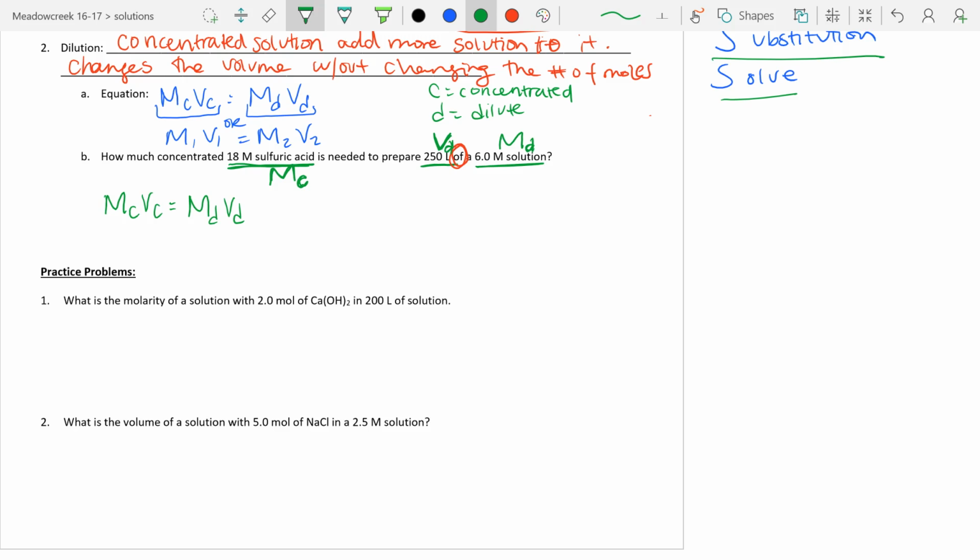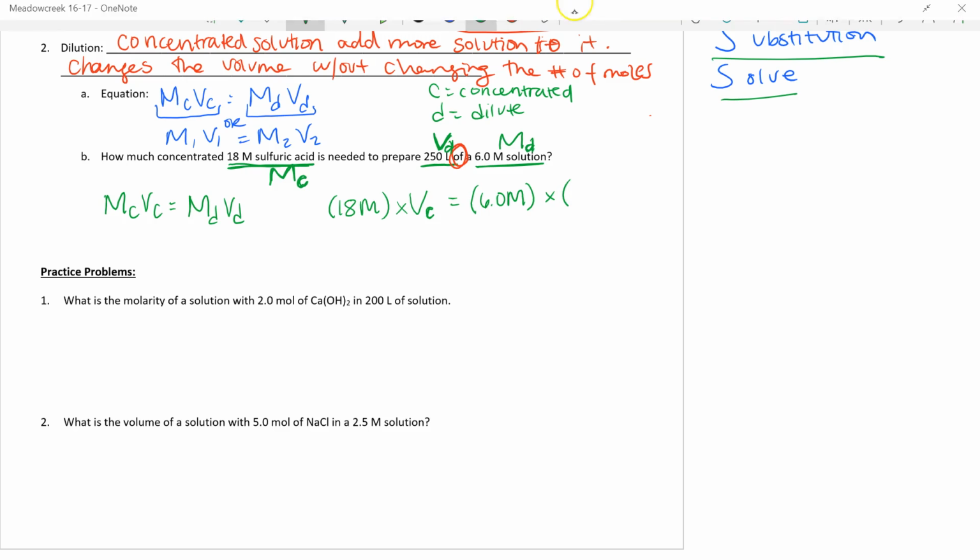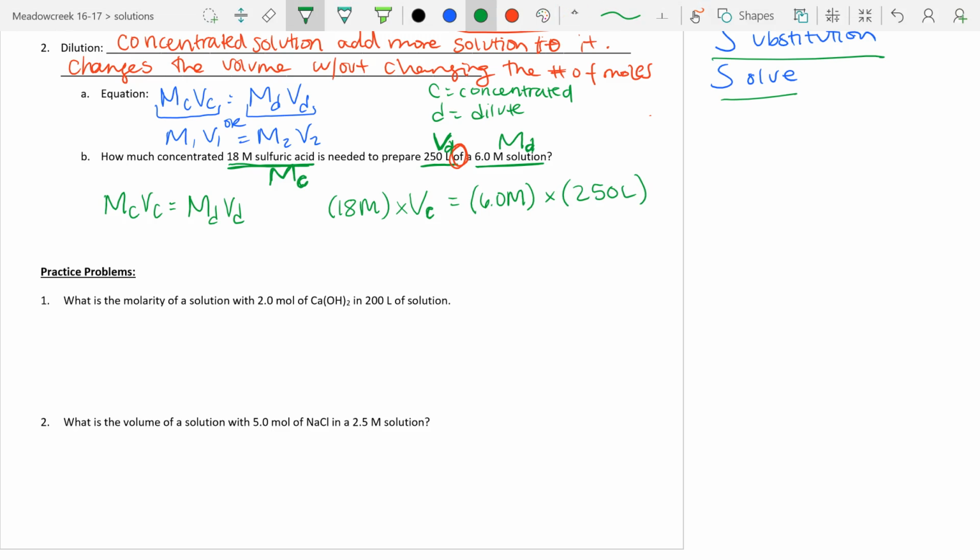So I know that MC is 18 molar, but I don't know what my VC is, so I'm just going to multiply it and leave that letter there. It's equal to MD, which is 6.0 molar, times VD, which is 250 liters. Now, in order to solve this problem, we're going to do a little bit of math.